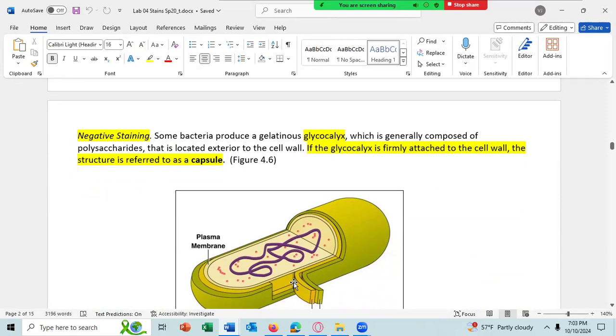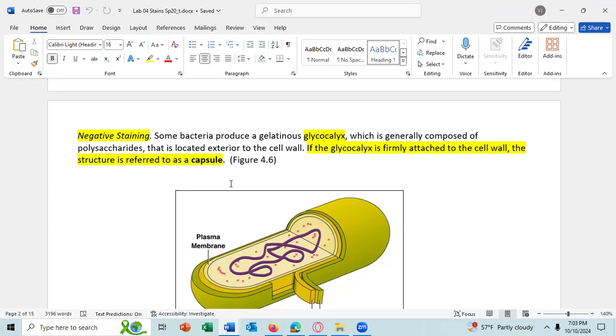And if the glycocalyx is firmly attached to the cell wall, is more than just water, meaning it has structure to it and ingredients in it other than water, and you can see it with the light microscope, we call it a capsule. In this class, we'll mostly talk about capsules because you can see them under the microscope.